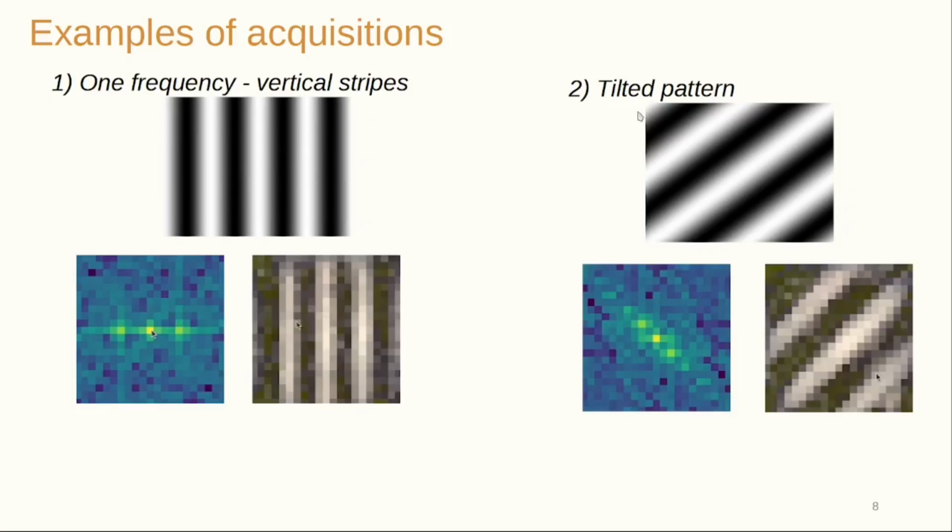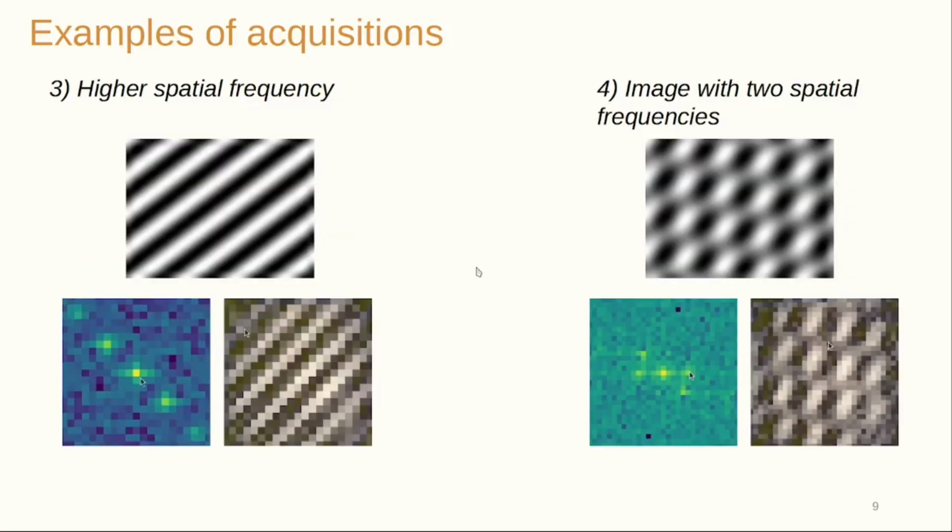Then if we try a tilted pattern, we have this Fourier spectrum. So we see that the pixel is also tilted, and the inverse Fourier transform is this one. Then if we change the frequency, we take a higher frequency, the pixel will be shifted toward the high frequency.